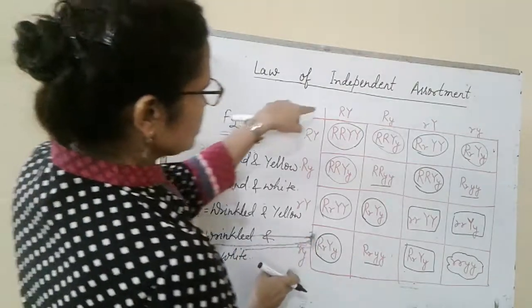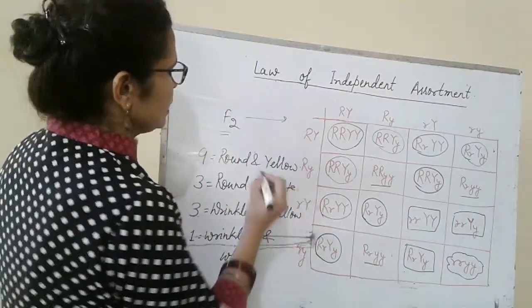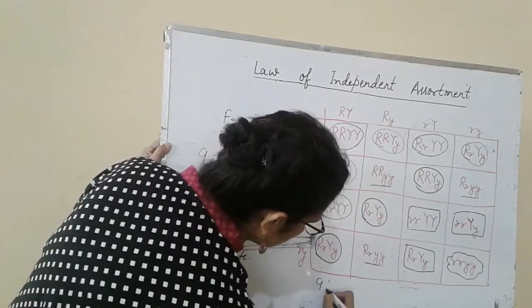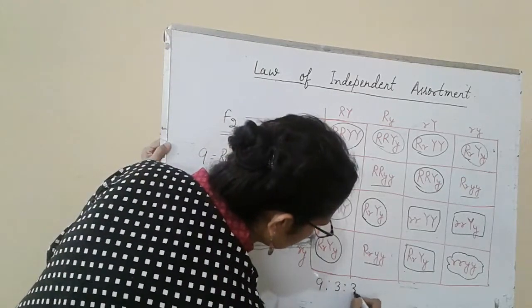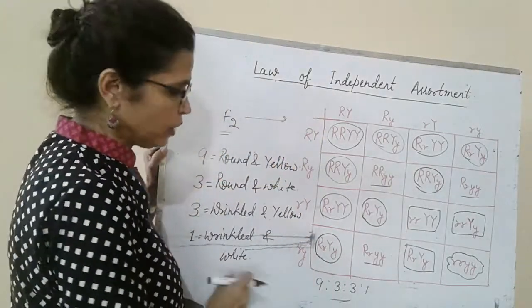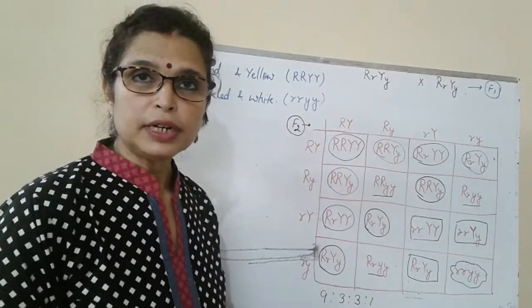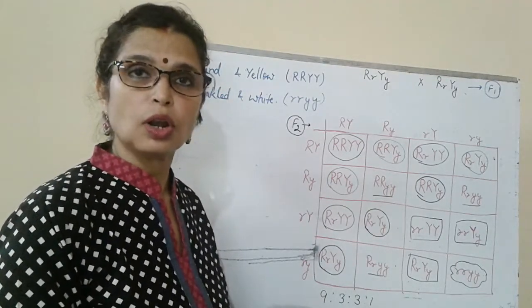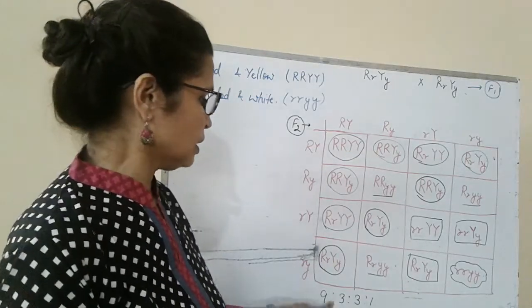After crossing the F1 generation plants, the phenotypic ratio that Mendel obtained is 9:3:3:1. This is the phenotypic ratio of the F2 generation plants. After getting this ratio, Mendel proposed his third law, the law of independent assortment.